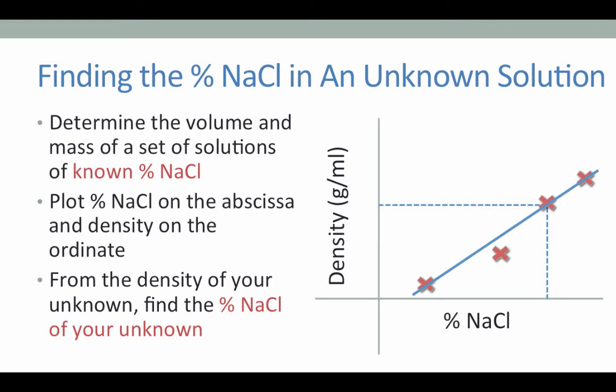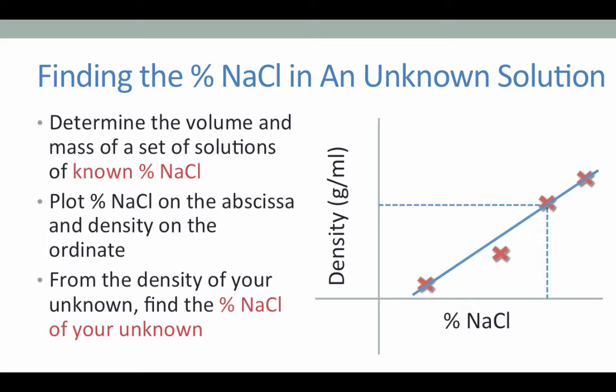From the density of your unknown, find the percent sodium chloride using your graph and standard curve. You would take the known density, travel along the graph until it hits the trend line, then travel downwards to the x-axis, or abscissa, to determine the percent sodium chloride.